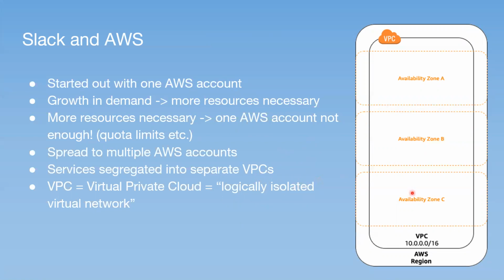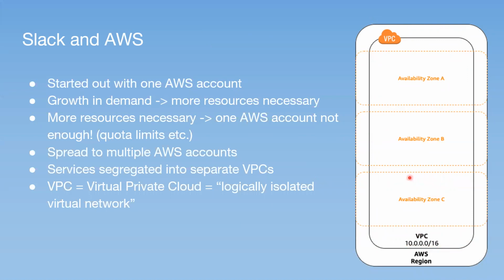But before you can start anything in a region, you need to create a VPC first. A VPC is where all the stuff you want to create goes into. Essentially, it's just an IP address space. It's a space where you put stuff, and the instances can have their own private IP address.